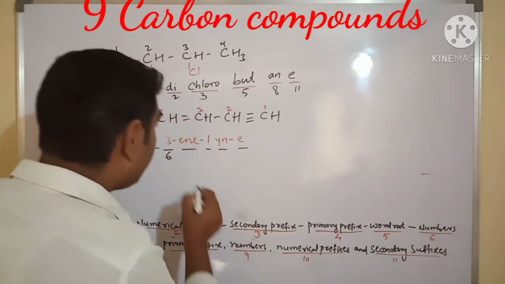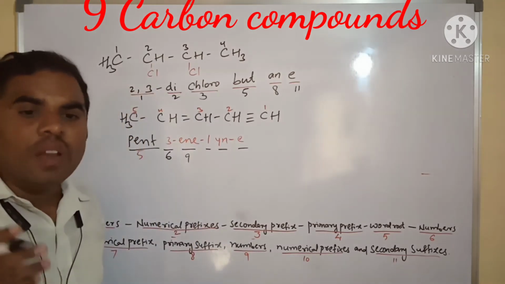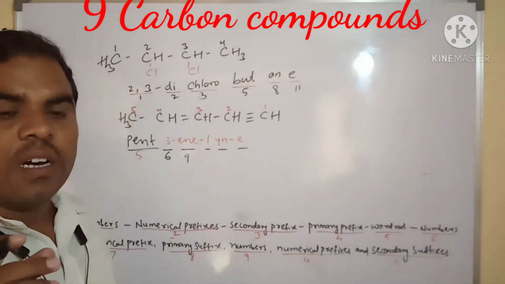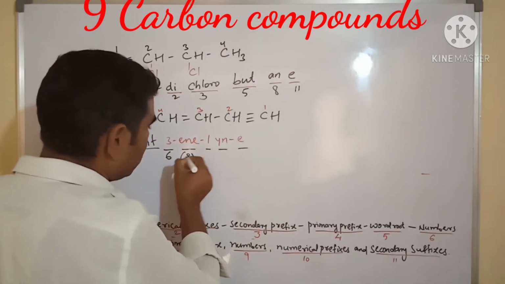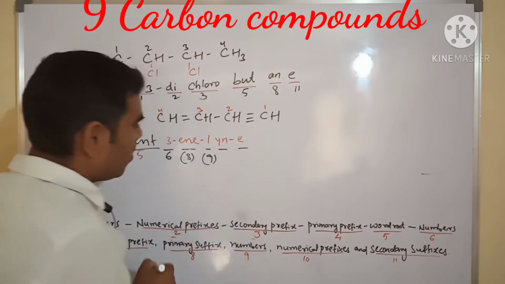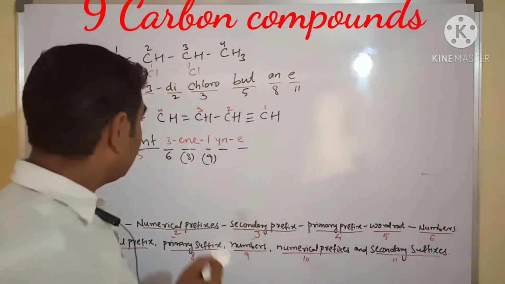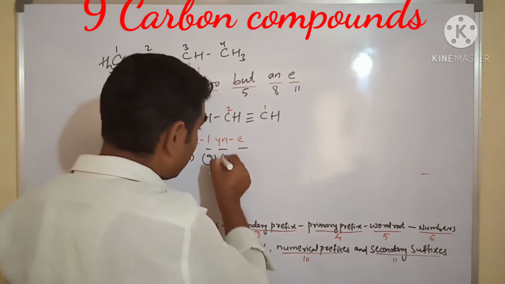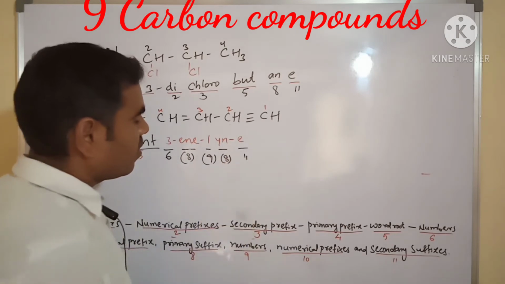Means is a 9 number is there. Next we have to see the, see, this is a 8 number. This is a 9 number. Next yn. In we said. See, this is also 8 number. And e is a 11 number. Okay.